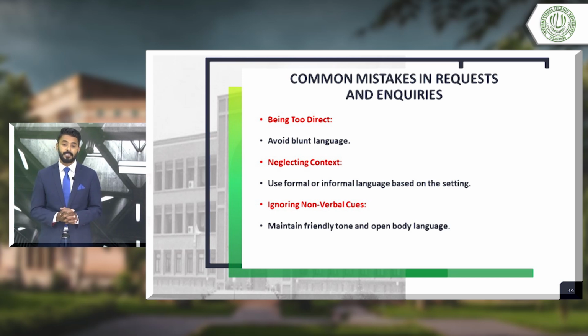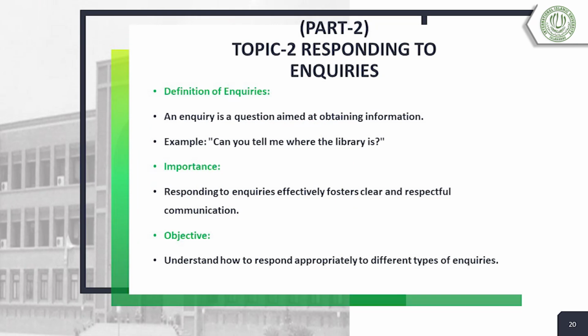If you ask someone to do something with a smile, then it would be effective communication. It would be best for your image. But if you ask the same thing with a very strict face, with a very harsh tone, of course, it won't really help you. So ignoring the importance of non-verbal cues is one of the big mistakes that you can make. Now we are going to discuss how to respond to inquiries.